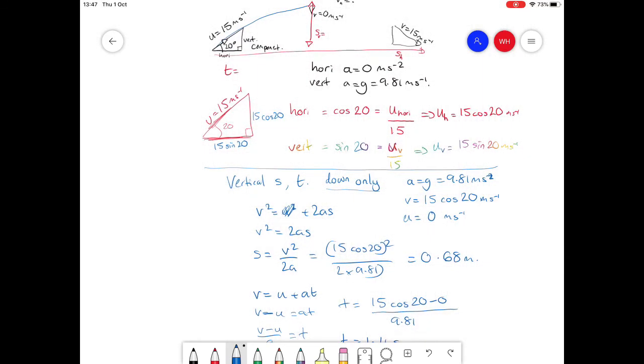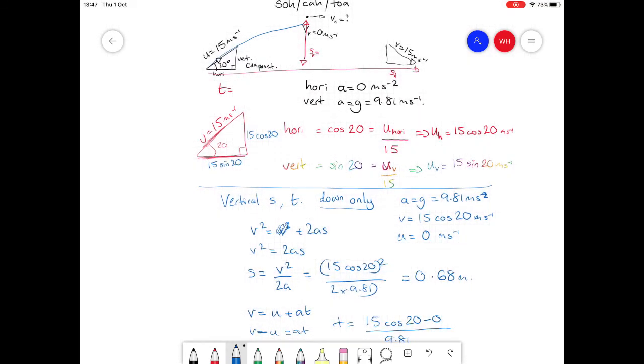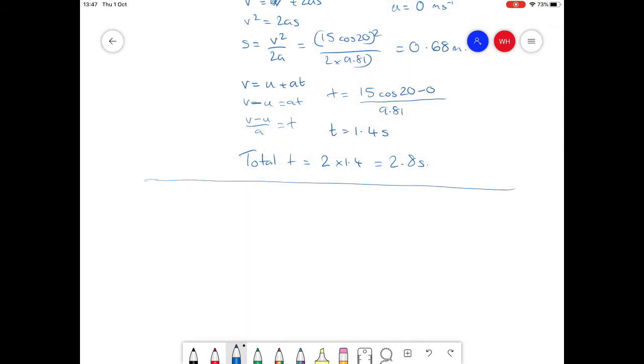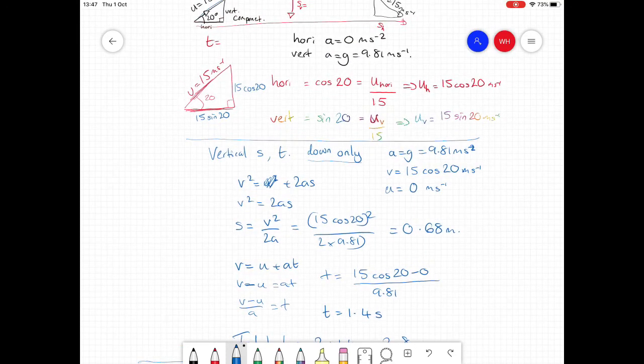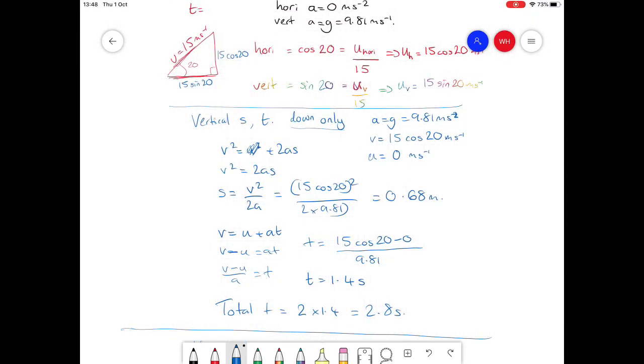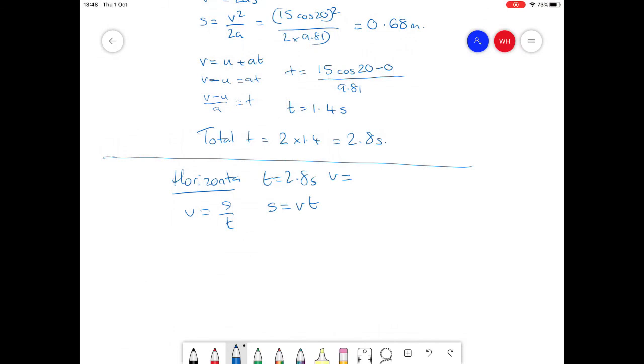So that's given us everything we need to know about the vertical motion. Now we're going to consider the horizontal motion. This is simply V equals S over T, isn't it? Speed equals distance over time. We want distance, so distance equals velocity times time. Well, T is 2.8, we've just established that, and V is 15 sine 20.